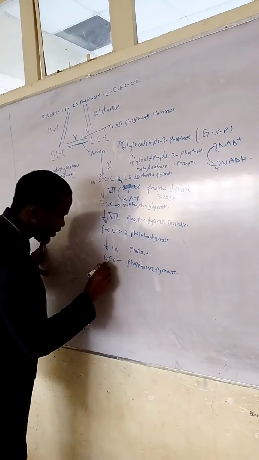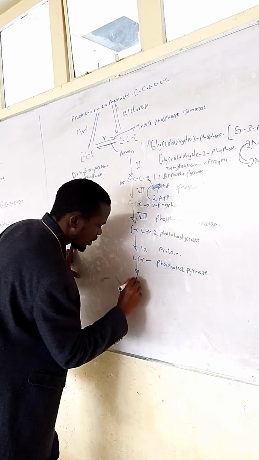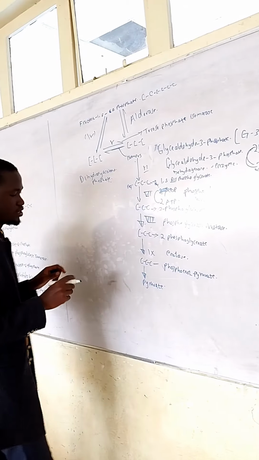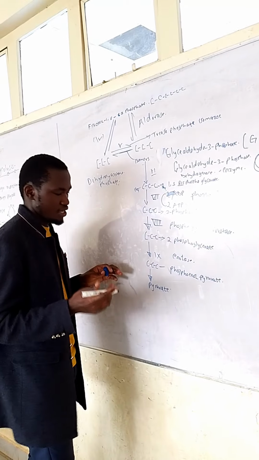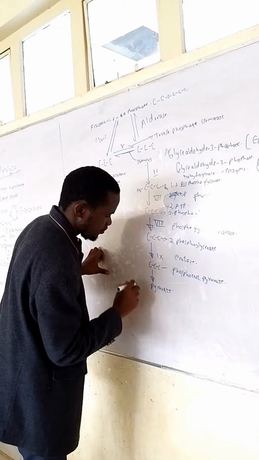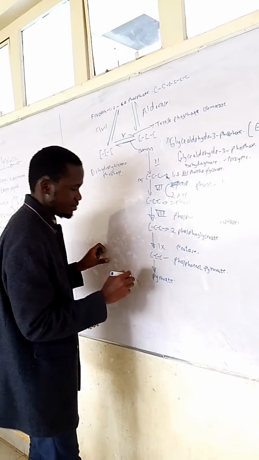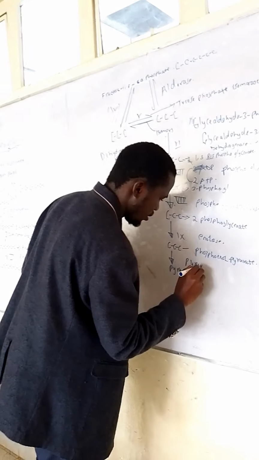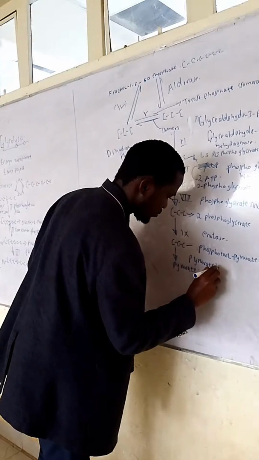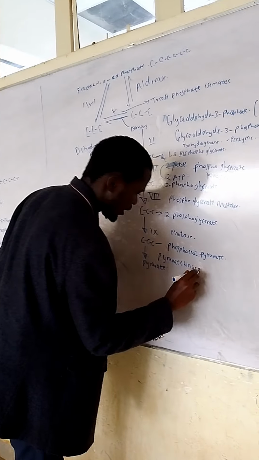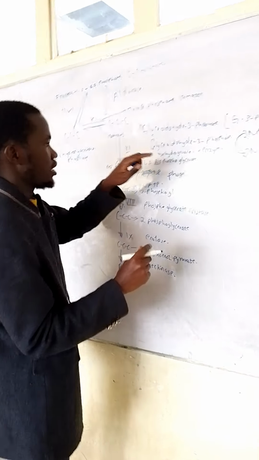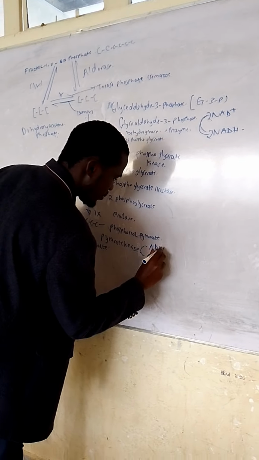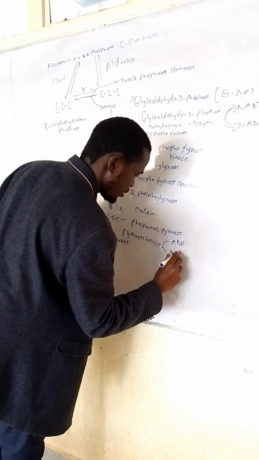So the final step, pyruvate is formed, which continues to the next step, the Krebs cycle. The enzyme that facilitates this process is called pyruvate kinase. And in this step, ADP is converted to ATP.